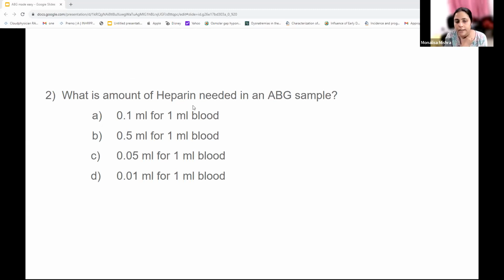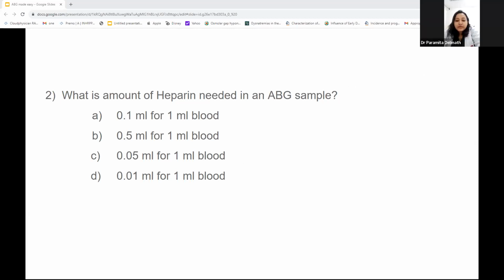How much amount of heparin is needed in an ABG sample? This was also told in the presentation. So they're answering B. Anyone else?